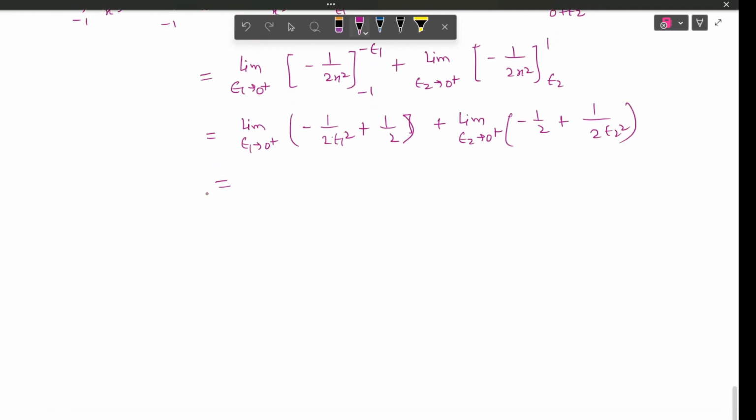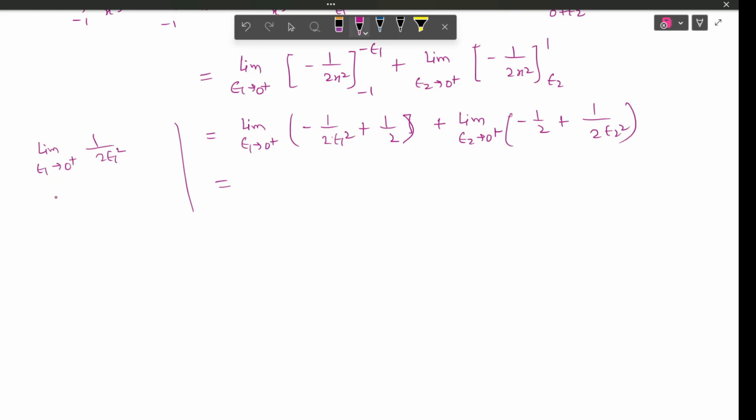Now from this we can clearly see that the limit as epsilon 1 tends to 0 plus of 1 by 2 epsilon 1 square does not exist, right?